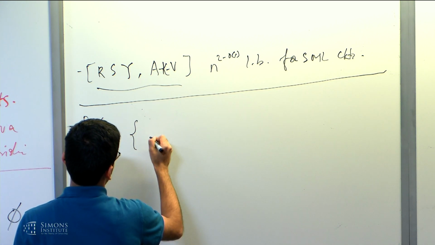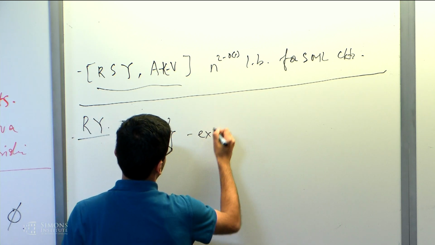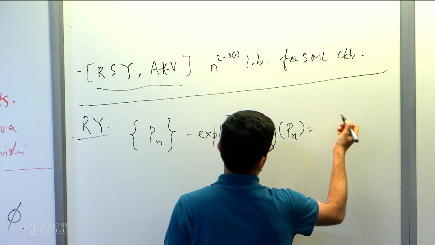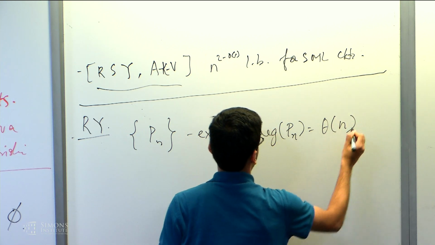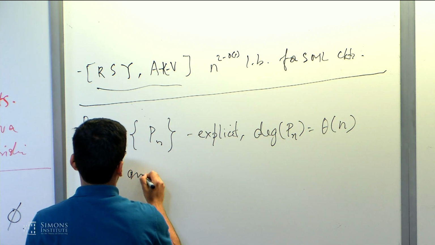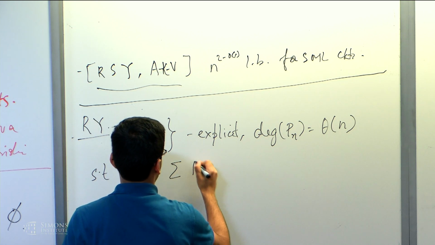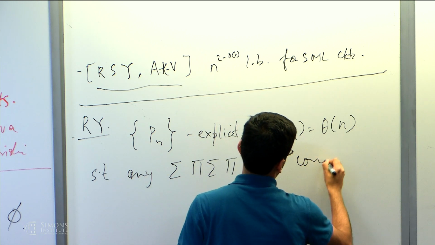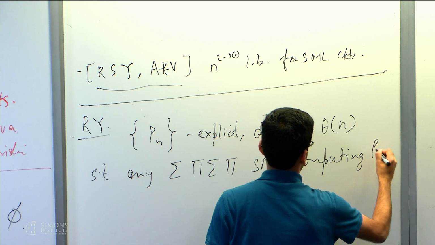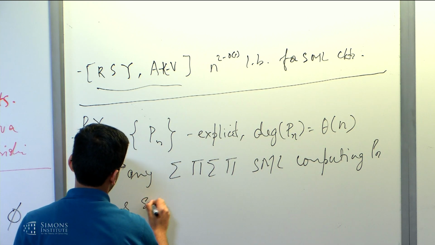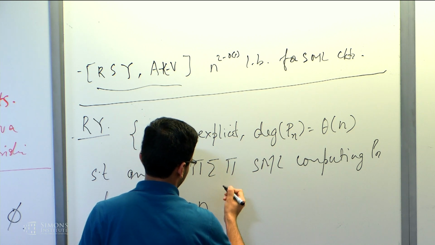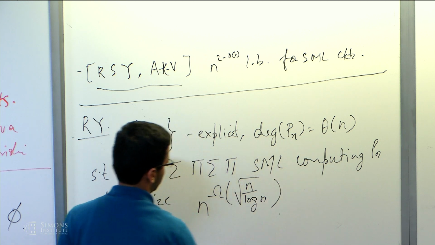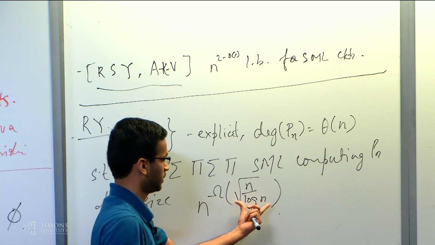They showed that there is an explicit family of polynomials where the degree of Pn is theta n, such that any depth 4 syntactically multilinear circuit computing Pn has size something like n to the omega of square root of n over log n.